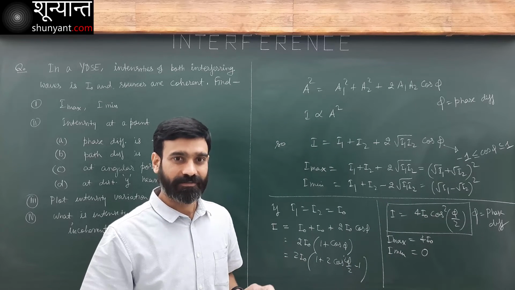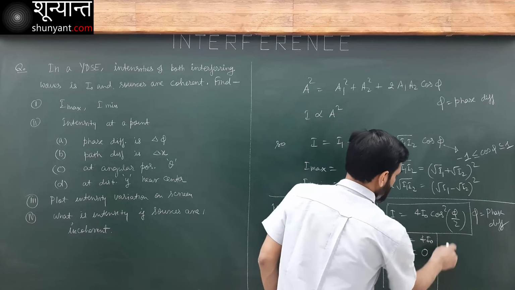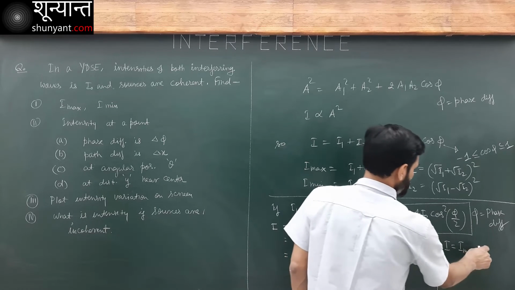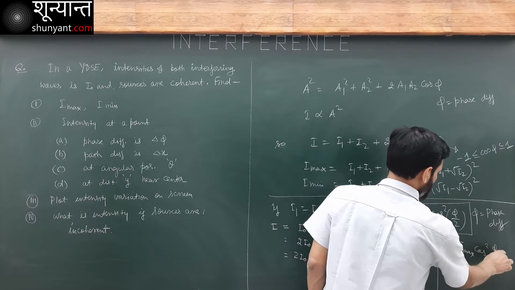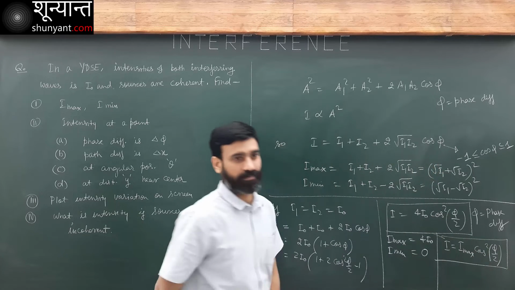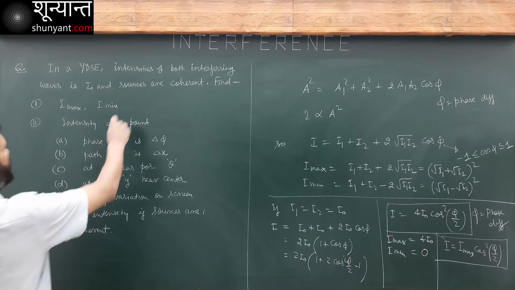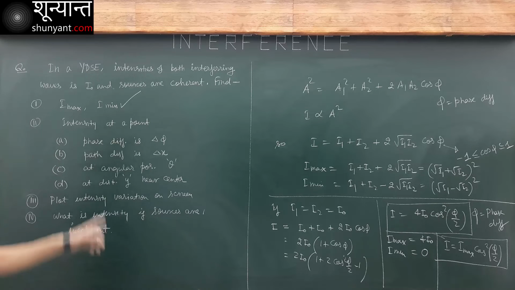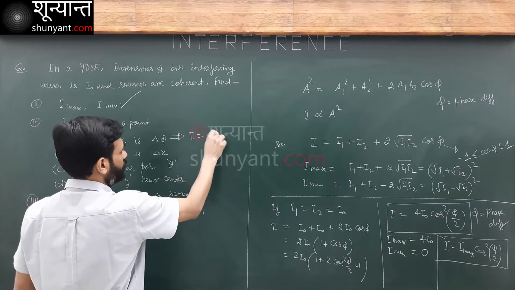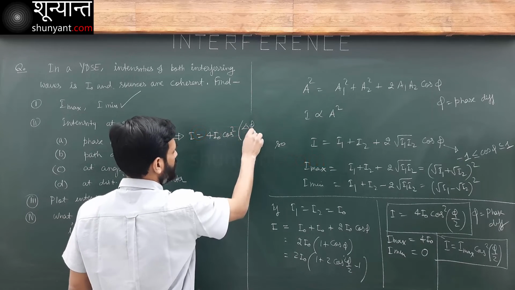Do you understand this? This is also written as I is equal to I max cos square phi over 2. What do you think? Can we do that? So we got this answer. What will be I? It will be equal to 4 I naught cos square delta phi over 2.